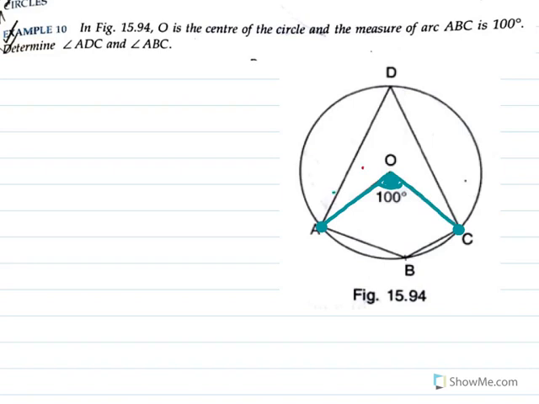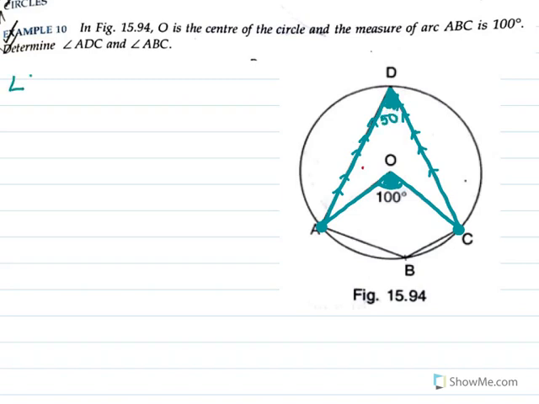To find the angle at the circle, from A and C we go to the circle, and when we go to the circle we will get this angle. So this angle ADC is half of 100. Here this angle will be at the circle, and this will be 50.